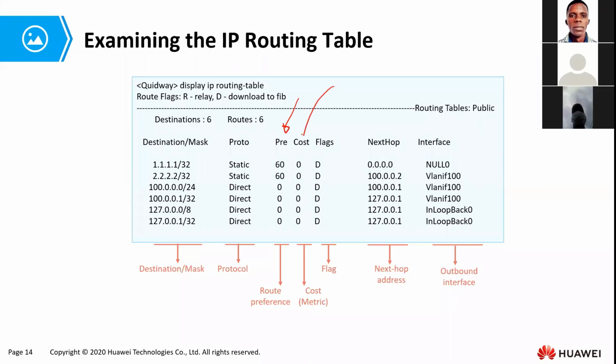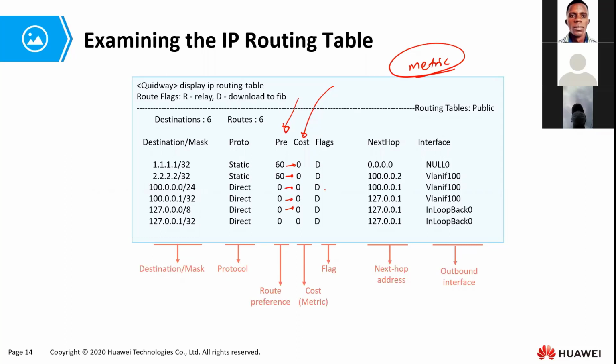Now the cost is exactly as it sounds. The cost, let us say in RIP particularly, it's called metric. How far is that network according to you? So the cost can be any number, but it is basically a way to tell how distant.